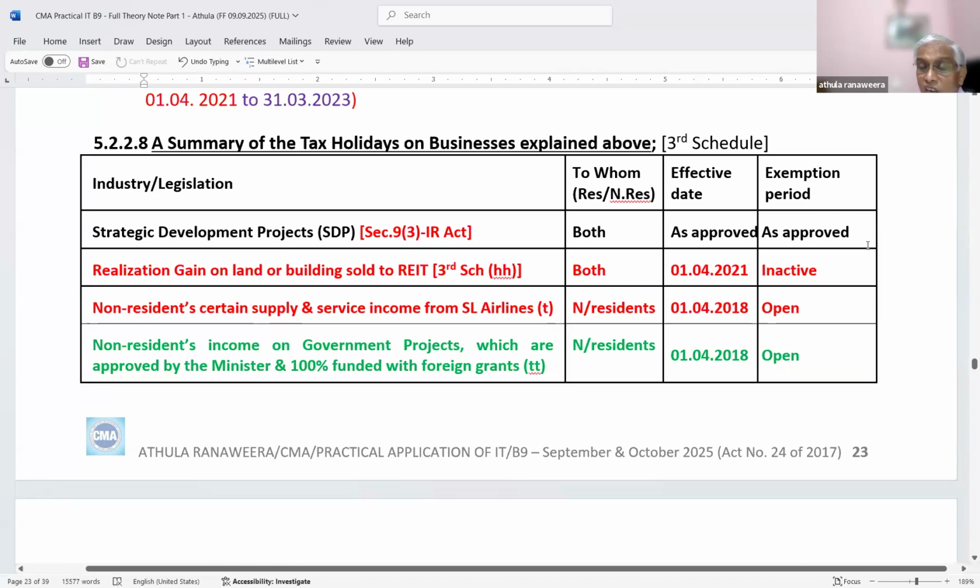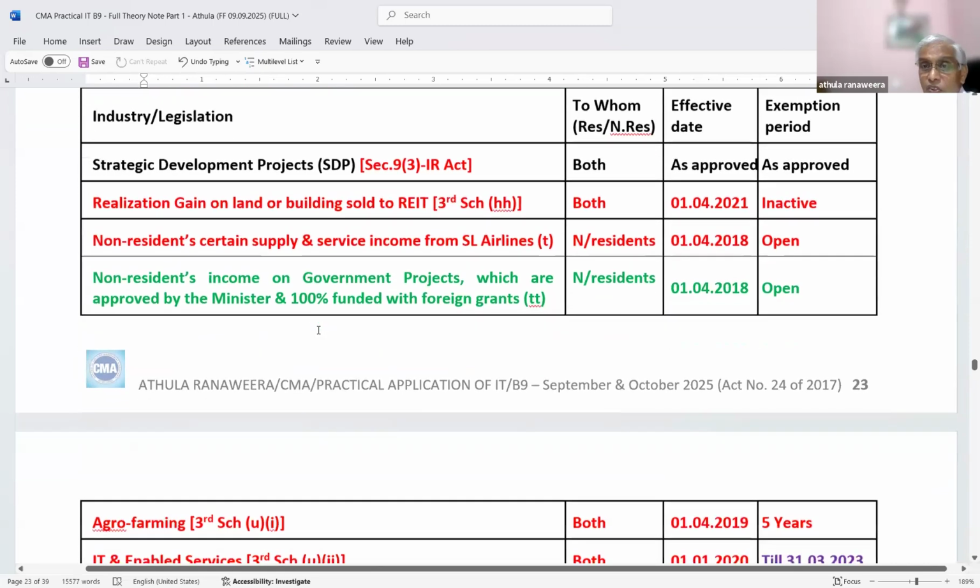In addition to that, if we are to get an exemption, we have to go behind the president of the country, the finance minister, and do whatever we have to, and get the approval under the Strategic Development Project Act. Right? That is the situation now.